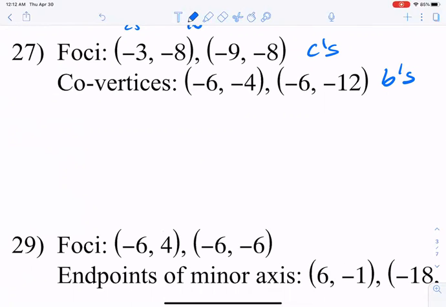You can look at the foci, because remember, the foci always follow the vertices, right? So in this case, what's fixed? The negative A's are fixed. Do you see that? So now we can tell that whatever direction this goes, these x's are moving. That implies that this is a horizontal major axis, right?